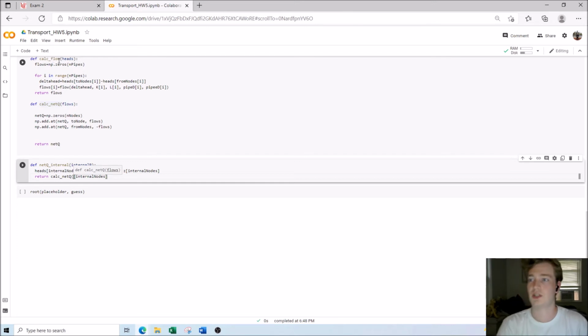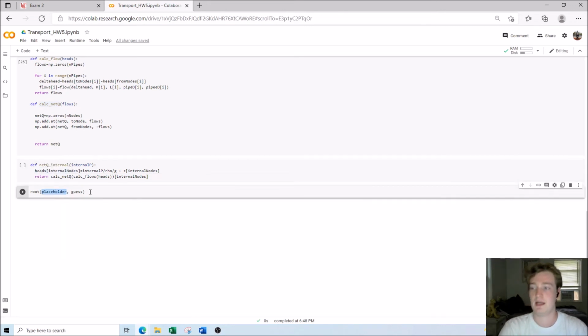Well, we actually just wrote a function for the flows as well. So calc net Q, we take calc flows, just like that. And what does calc flows need? It needs some heads. Heads, just like that, boom, and just of the internal nodes. Beautiful.